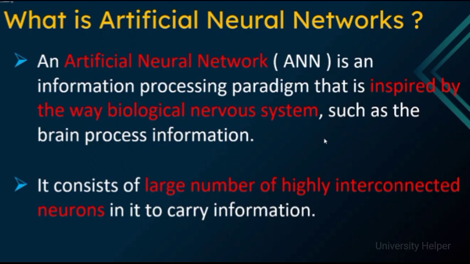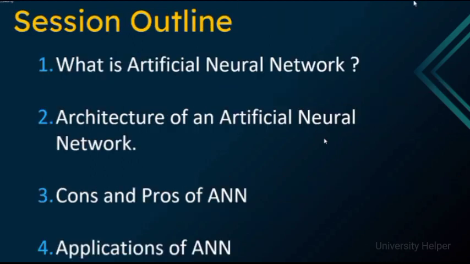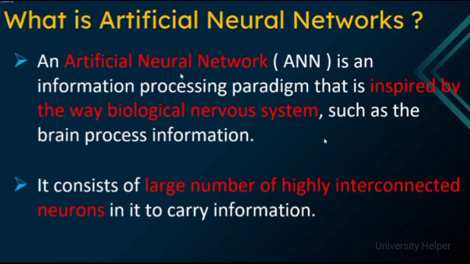So we will go for the definition initially, and after that there are several types available for the neural network. An artificial neural network is an information processing paradigm that is inspired by the way the biological nervous system works. You already know the biological nervous system, how the memory will pass and process information. For example, 2 and 2: with the help of the memory and the brain, you are going to execute that process.